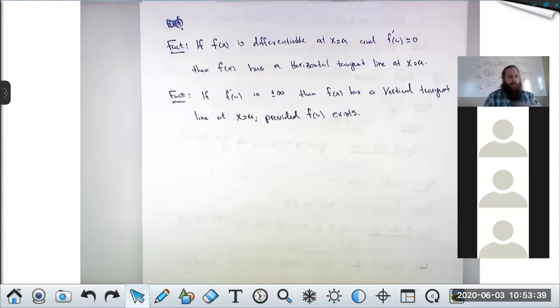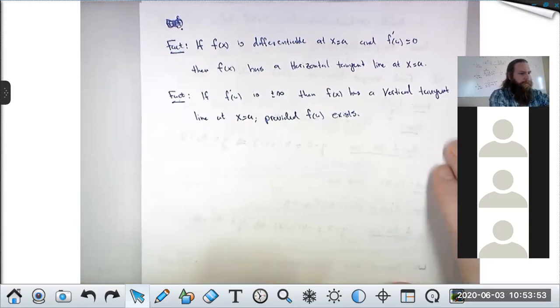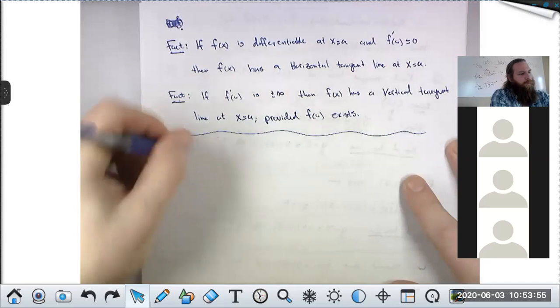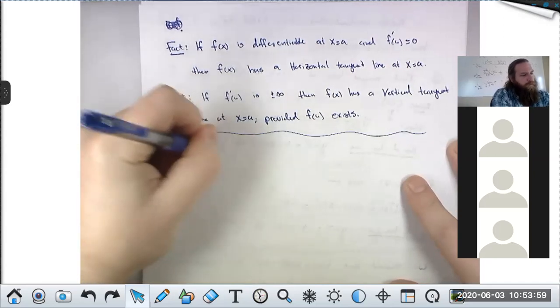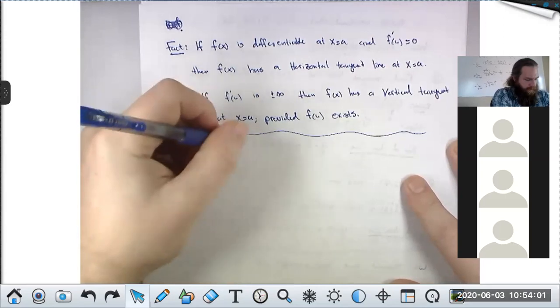So I want to show you some examples of interesting tangent lines, and I want to show you graphs of f overlaid with graphs of f prime, so you can start to see how they're connected. I think maybe a nice first example here would be x cubed minus x.